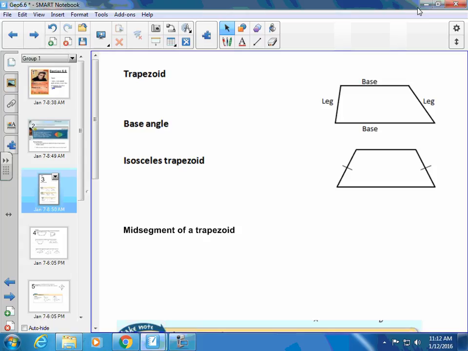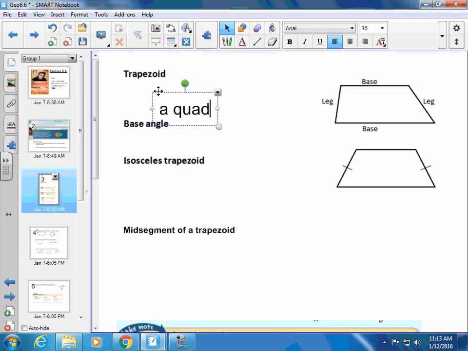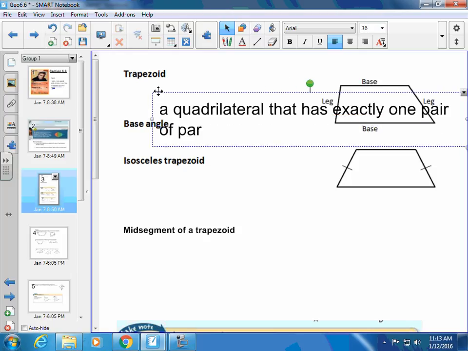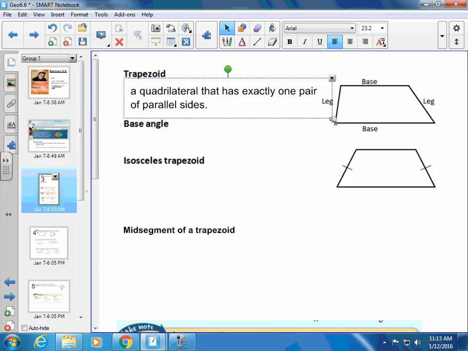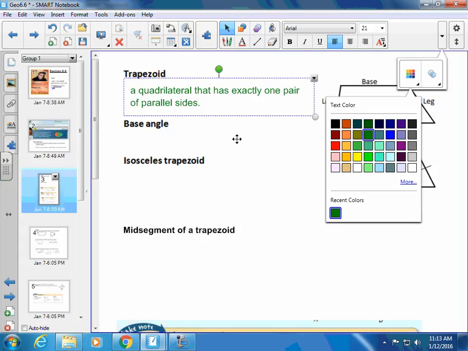A trapezoid is a quadrilateral that has exactly one pair of parallel sides. It cannot have two. That would be a parallelogram. So it just has exactly one pair of parallel sides.